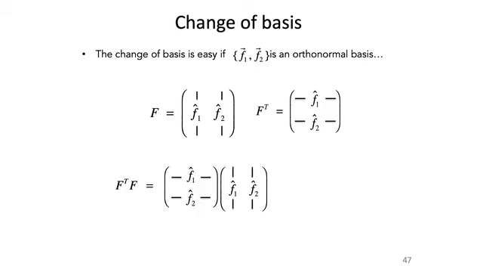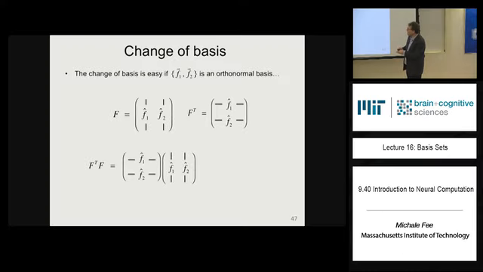Notice that if we multiply F transpose times F, we have basis vectors in rows here and columns here. So what is F transpose F for the case where these are unit vectors that are orthogonal to each other? What is that product?